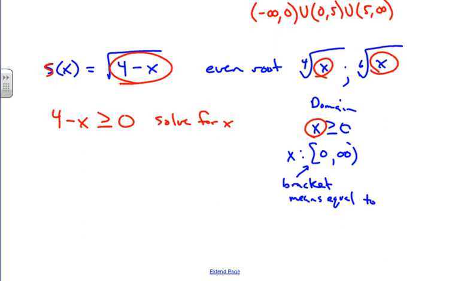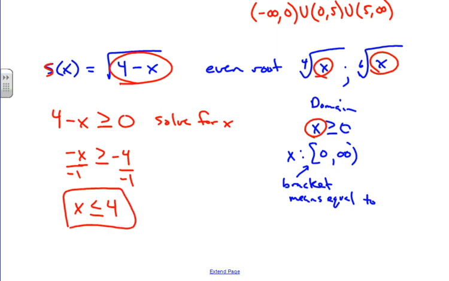We subtract 4 from both sides, then divide by -1. When we do that, you have to remember your properties of inequalities. We have to switch the sign, and now we have x less than or equal to 4. Any x value less than or equal to 4 is the domain of that function.